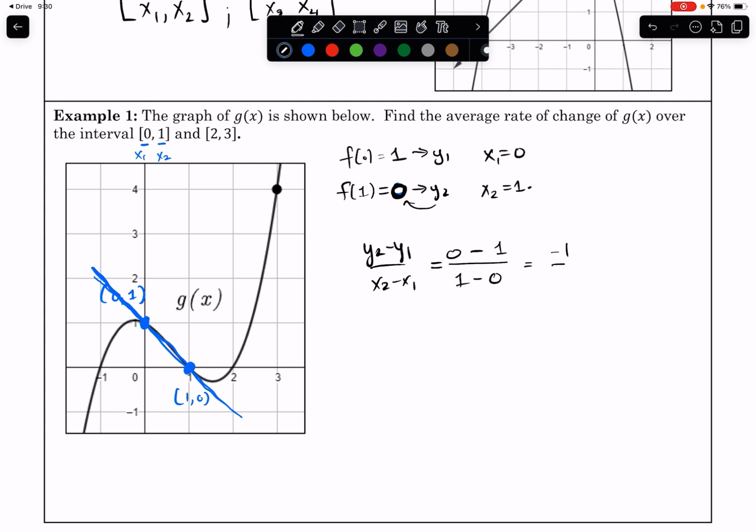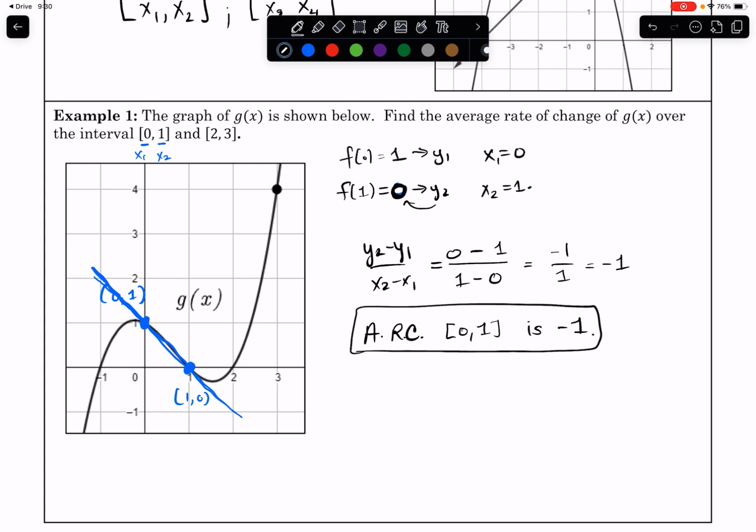So -1 over +1 equals -1. So that is my average rate of change, which I'm going to abbreviate as ARC. The average rate of change in the interval from 0 to 1 is -1, which correlates to the slope of this line, and which makes sense because this line is going downwards. That is what the slope of the line is. It is equal to -1.